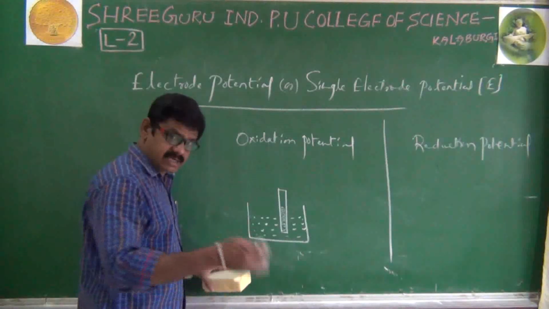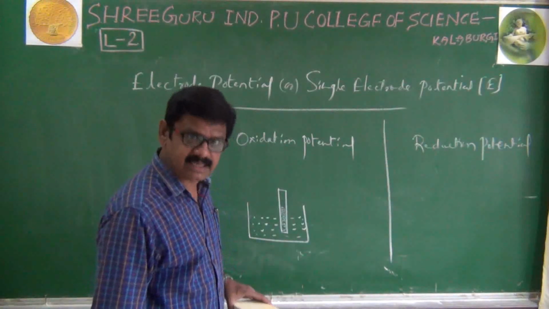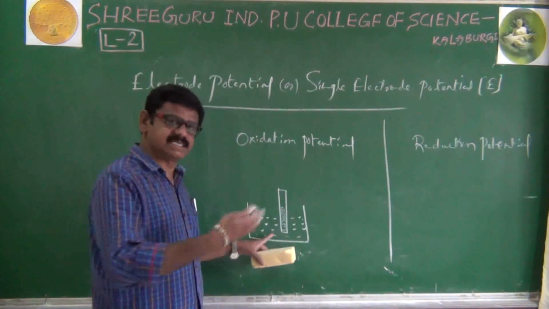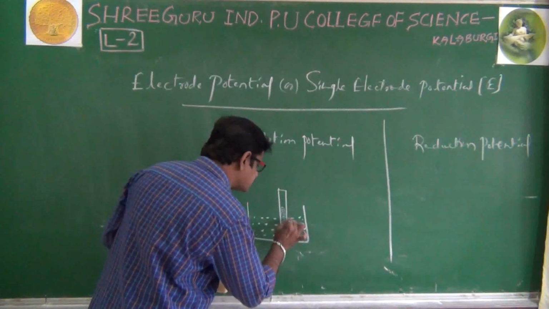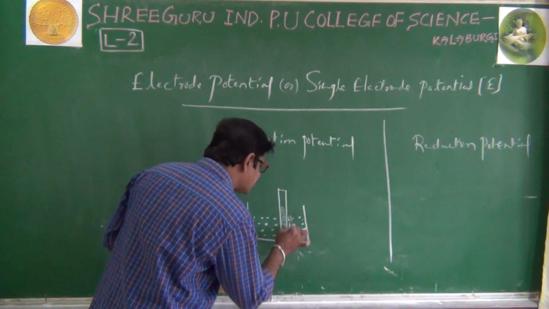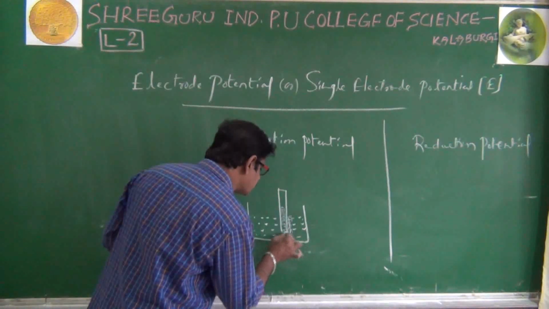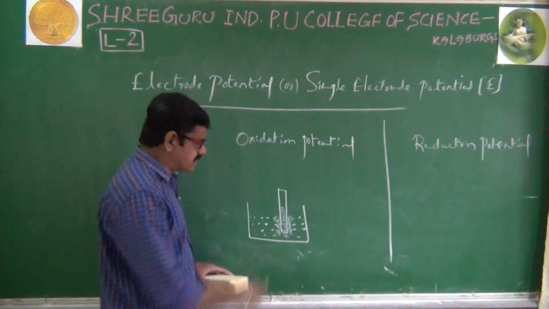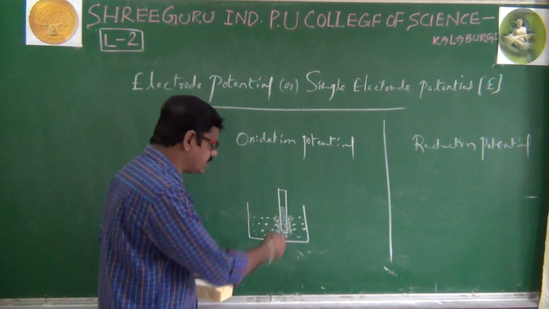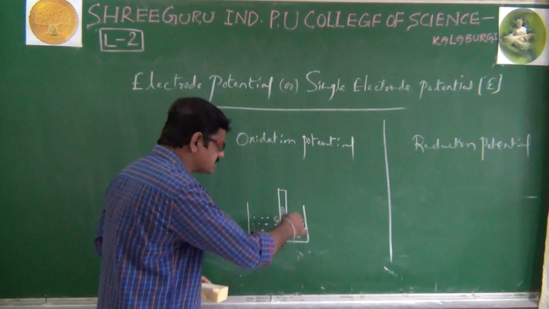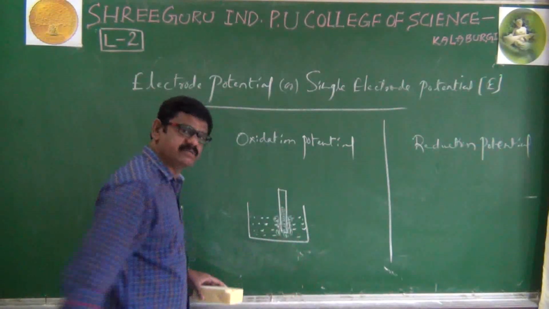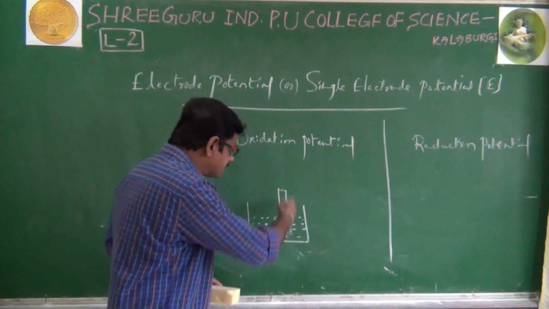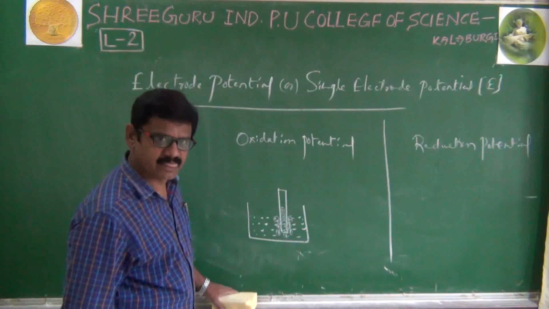The Zn plus 2 ions released, in excess, surround the zinc electrode like this.